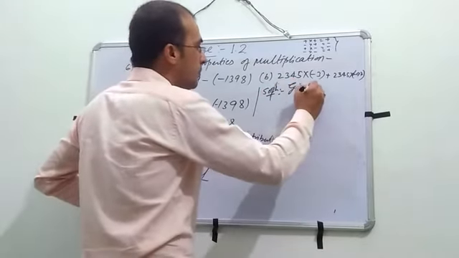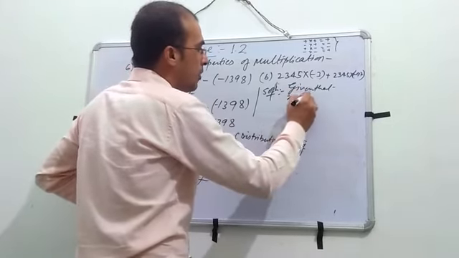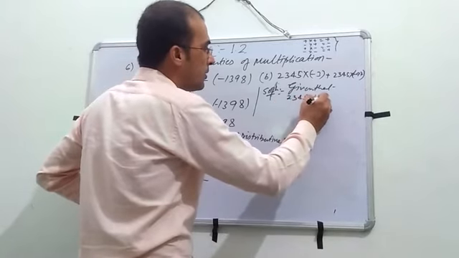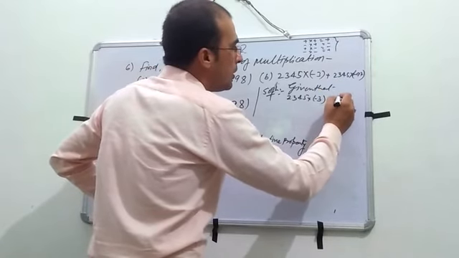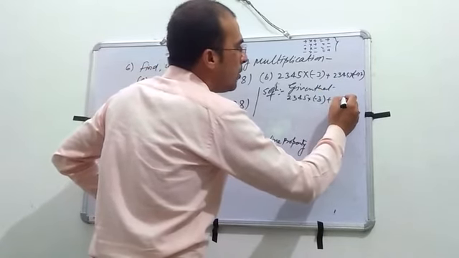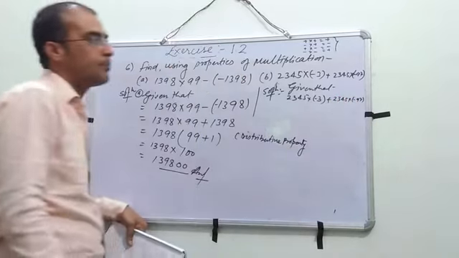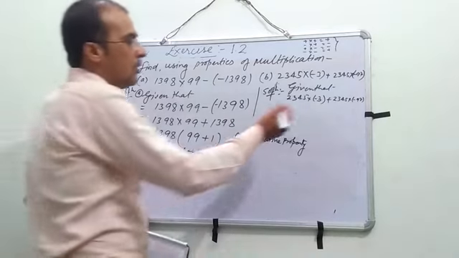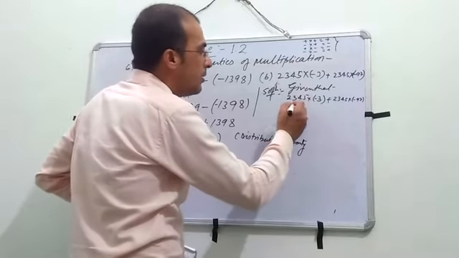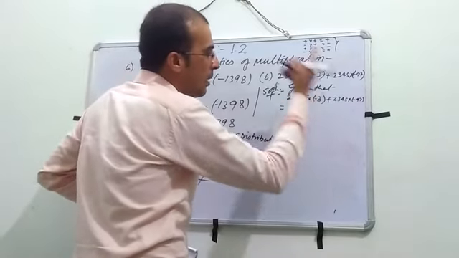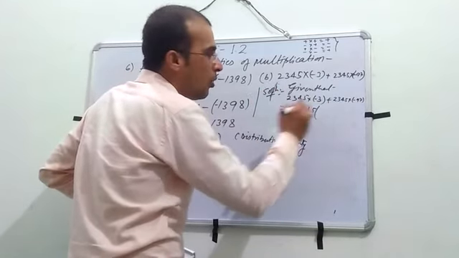Given that 2,345 into minus 3 plus 2,345 into 97. Is it clear? What will be the common? You can write minus. I am taking minus common, 2,345 is out.